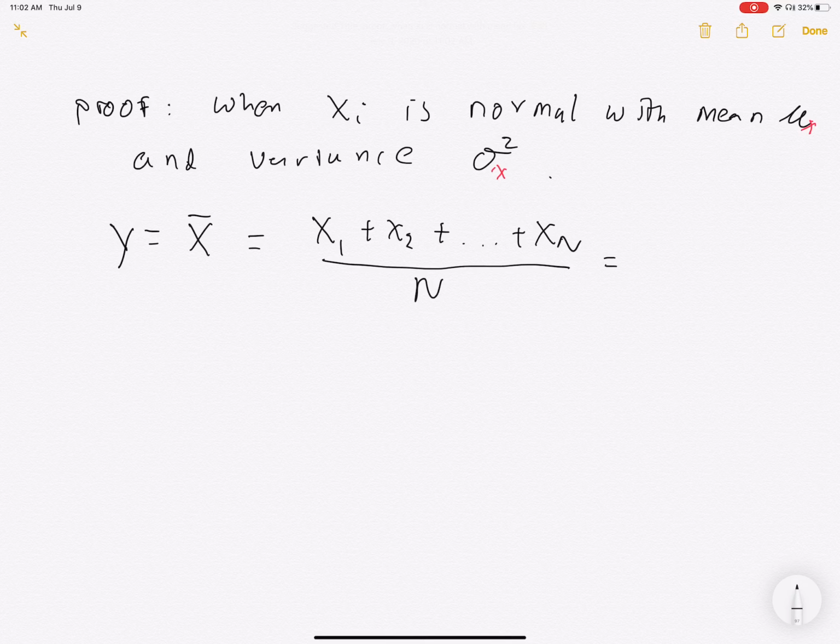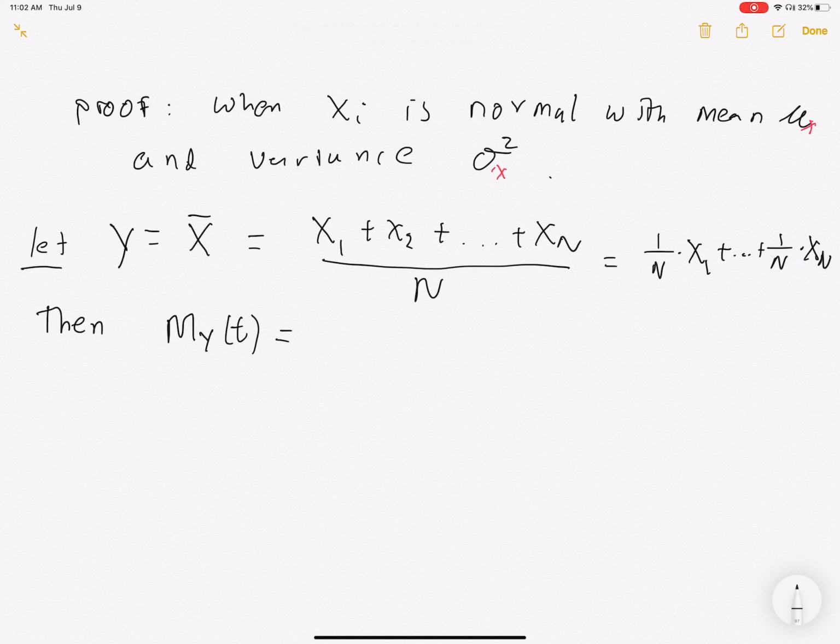So this is going to be 1 over n times x1 plus 1 over n times x sub n. Okay? So I should say let that define y. Then we're going to calculate the moment generating function of y.